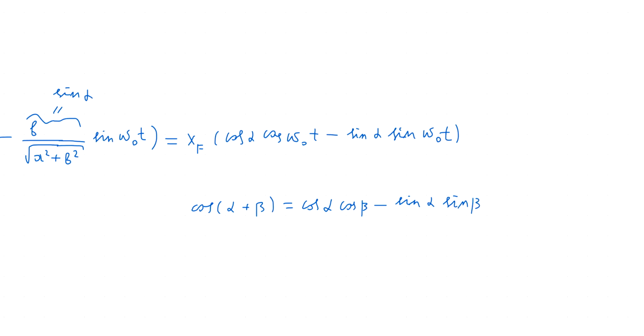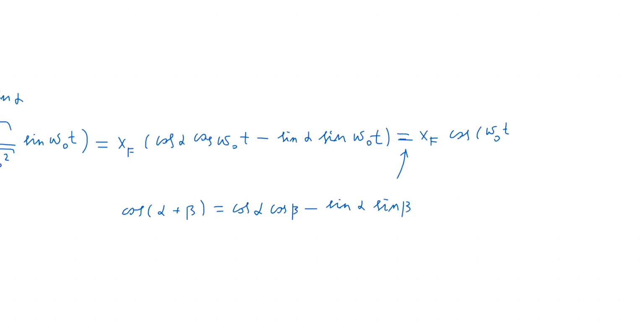It means that from here we can find that it will be xf cosine omega 0 t plus alpha.